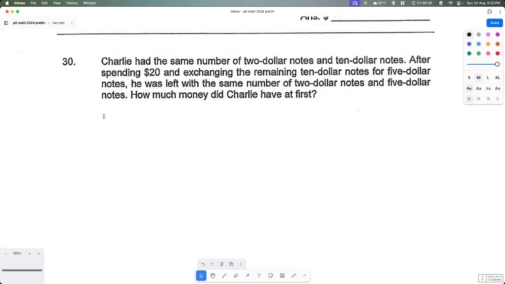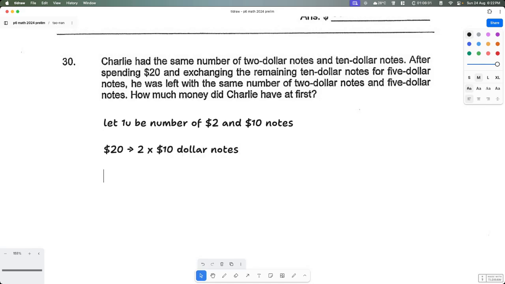Alright, so what we can do is we can let one unit be the number of $2 and $10 notes. Okay, so after spending $20, so $20 is equal to 2 times $10 notes, right? So that means remaining $10 notes is equal to 1 unit minus 2.